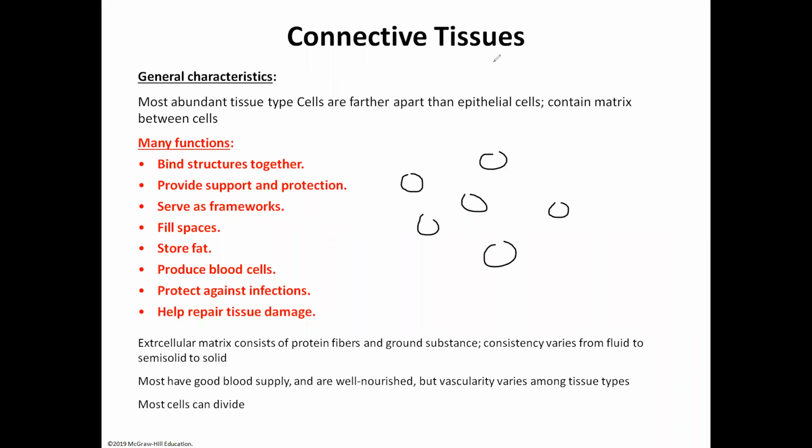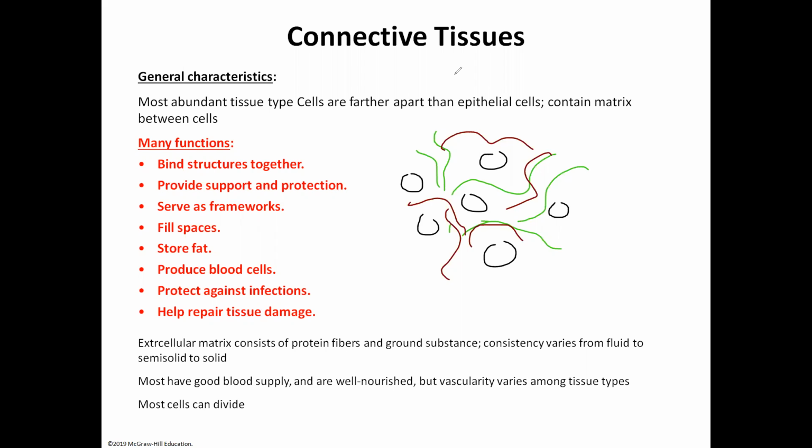In the matrix portion, we can find different fibers and different substances. Depending on what we're looking at, this can be a solid, a semi-solid, or a liquid or fluid. For instance, you could have a solid like bone, or a fluid like your blood.